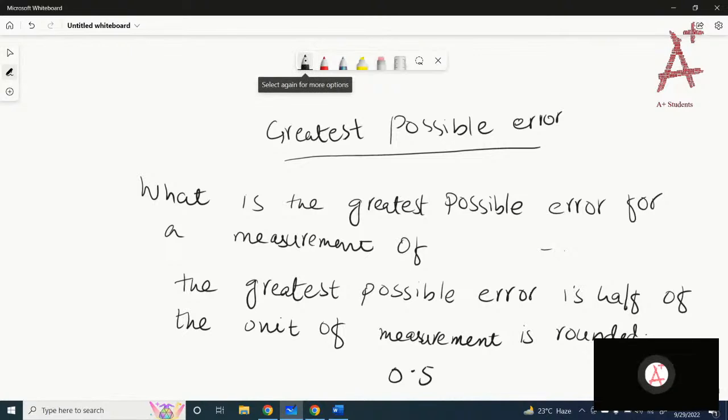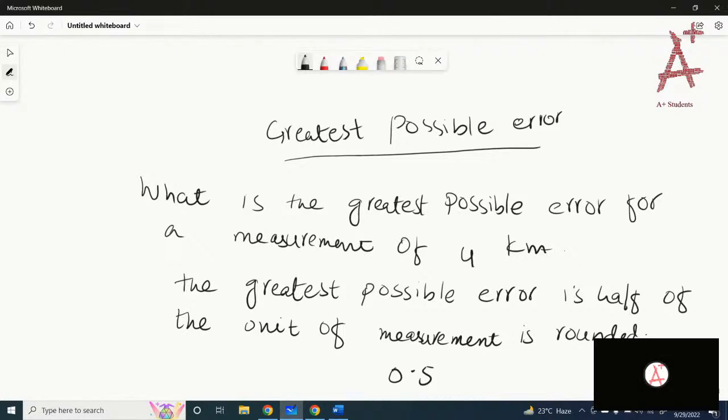So again, 4 kilometers. 4 is a whole number. So for the whole number, the greatest possible error is half of the unit of measurement. So half of 1 is 0.5. So again, the greatest possible error is 0.5 in this case. Got it?